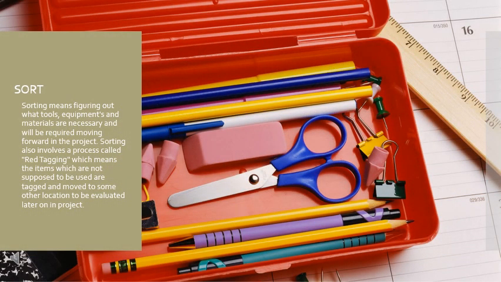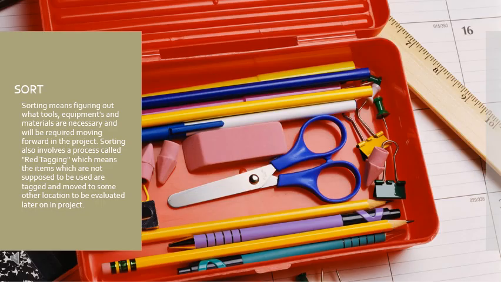Sorting basically refers to figuring out what tools, equipment, and materials are necessary and will be required at a certain point moving through the project. So it's basically sorting out things that are of high importance in the project.